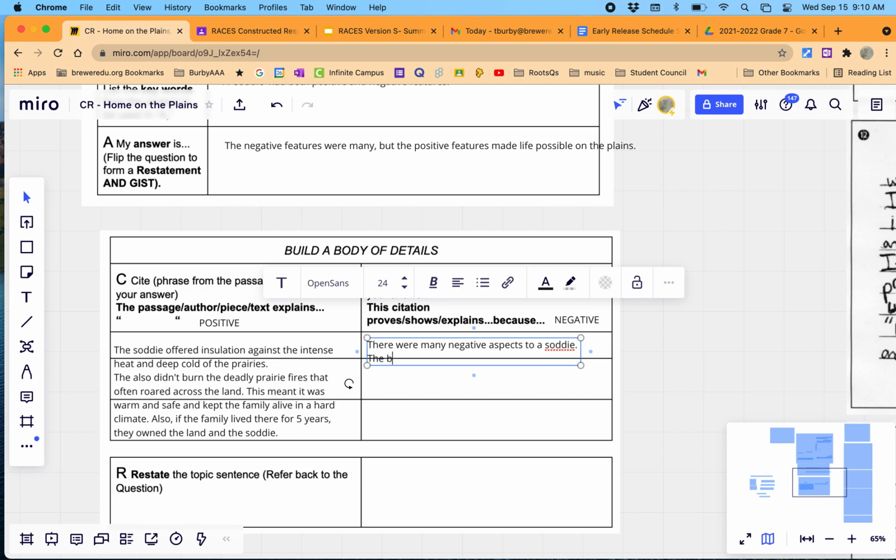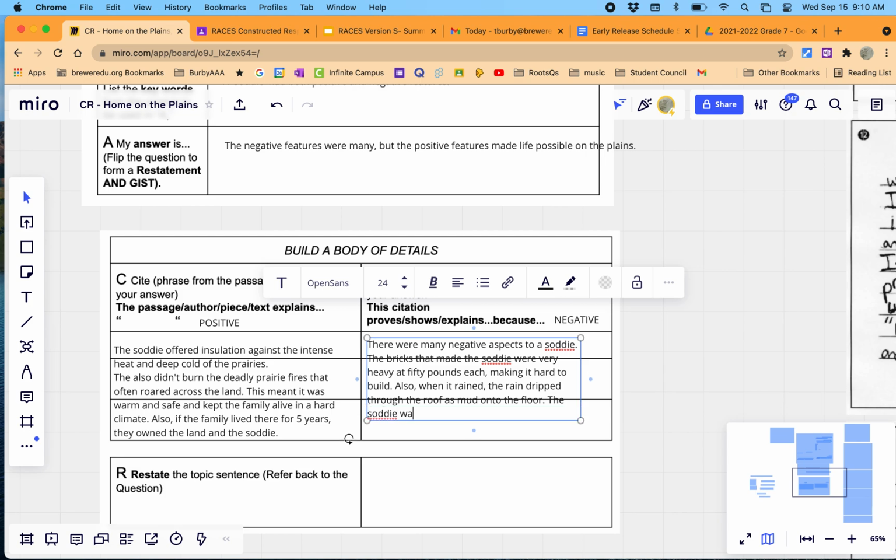The bricks that made the soddy were very heavy at 50 pounds each, making it hard to build. Also, when it rained, the rain dripped through the roof as mud onto the floor.